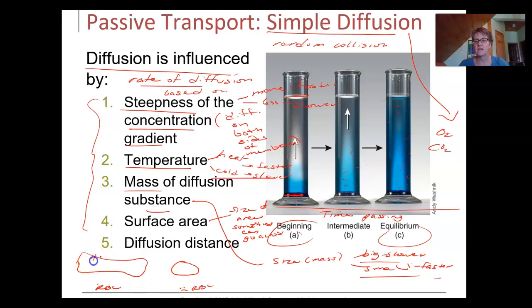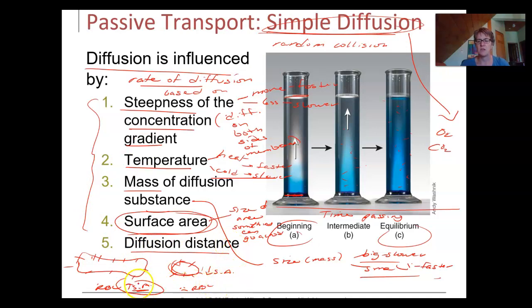This guy has a whole lot of room for oxygen to go into the red blood cell, so it has increased surface area. And if it's just a straight up little circle, it has less surface area. So there's not as much space for oxygen to cross. If I have increased surface area, if I have more, I can get more things across. So surface area is a huge strategy used in the body because so many ridiculously important things depend on simple diffusion.